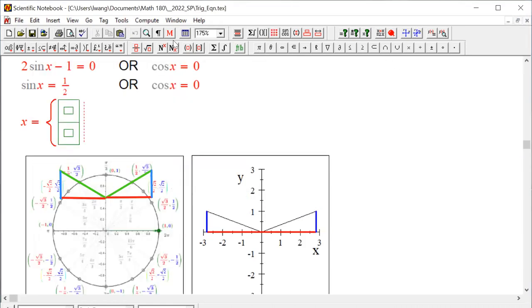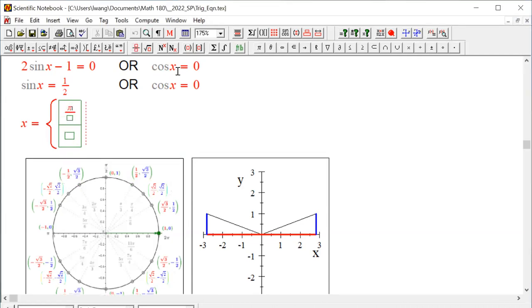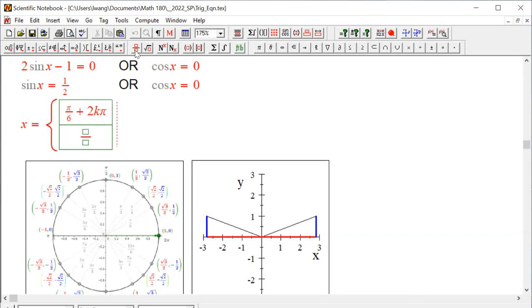One is pi over 6 plus 2k pi, and the other one is 5 pi over 6, which is pi minus pi over 6, plus 2k pi.